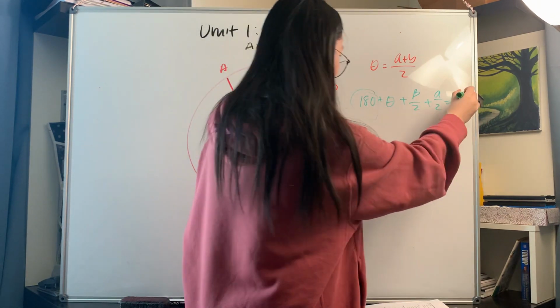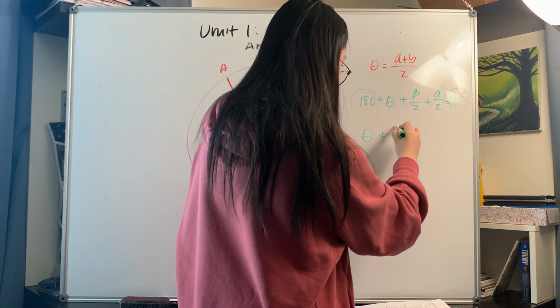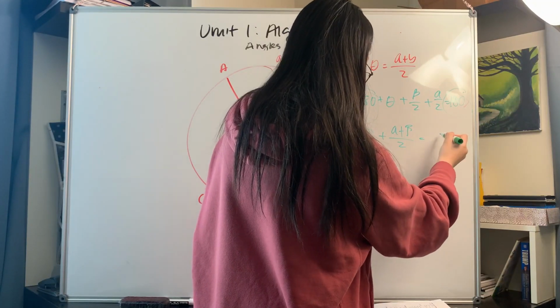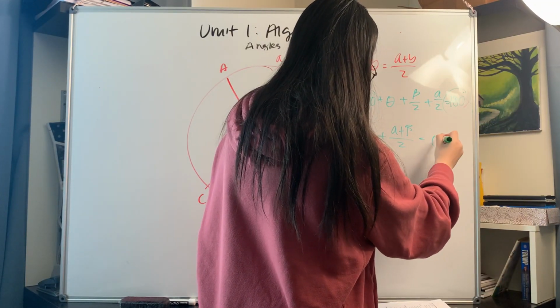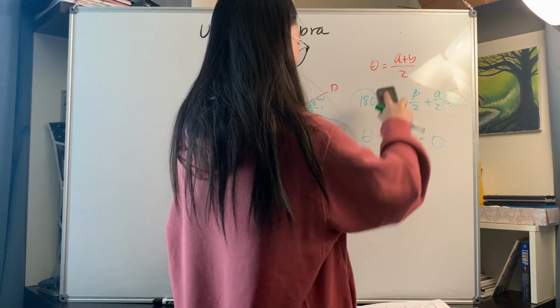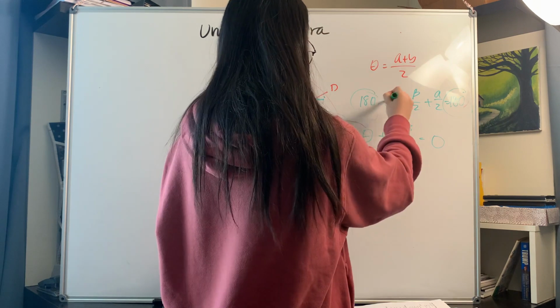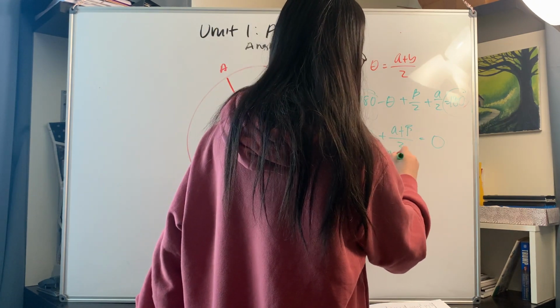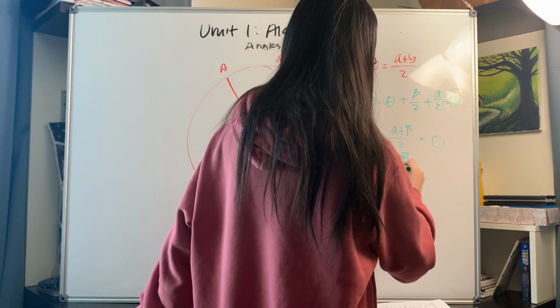So now we can subtract 180 from both sides. Oh, sorry, it's 180 minus theta. I was wondering what was going on. So this is negative theta. We add theta to the other side, and then theta is equal to A plus B divided by 2.